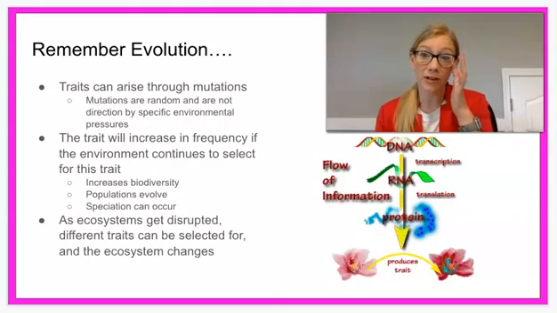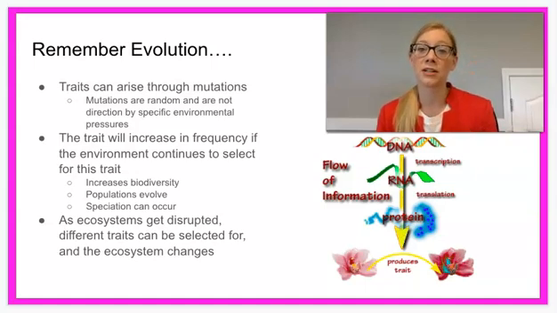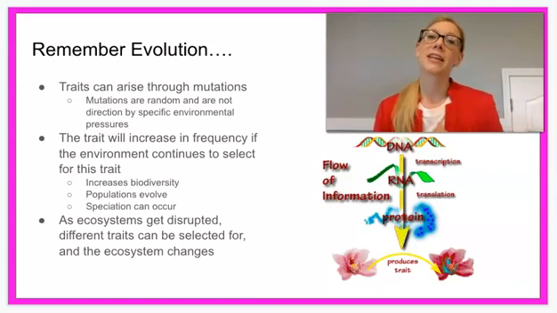Something to remember about our traits, when we talk about these adaptations, they are really just traits and they arise through mutations, right? Mutations are random, they're not directional, they're not specific to some sort of environmental pressure. They don't come about because an organism needs an adaptation.